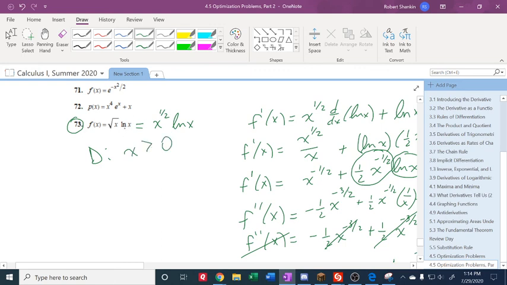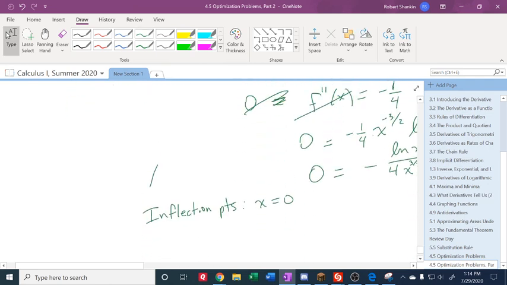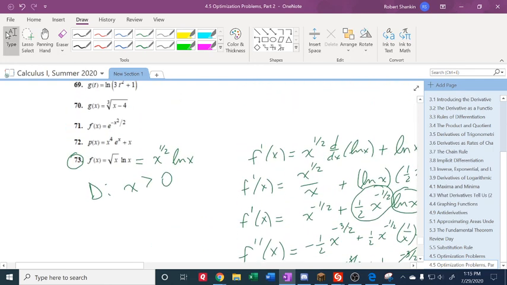If x is equal to 0, e to what power is 0, ln of x doesn't exist. Alright, and we found that it doesn't have any inflection points in the domain. But this is not in the domain. So there's really no practical inflection points.